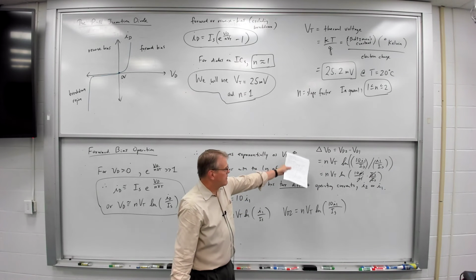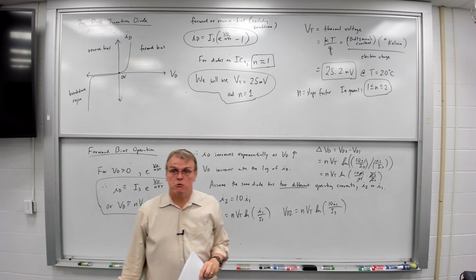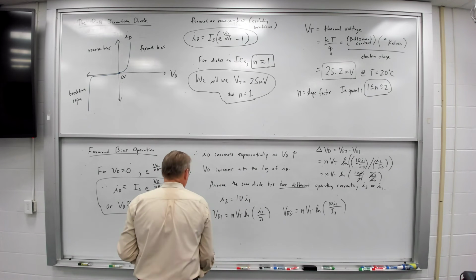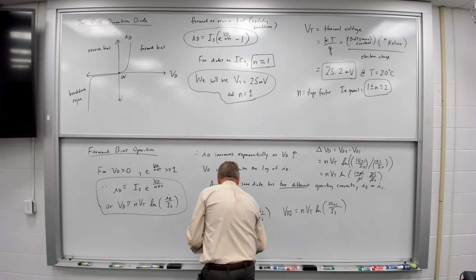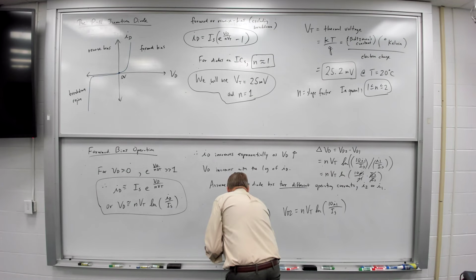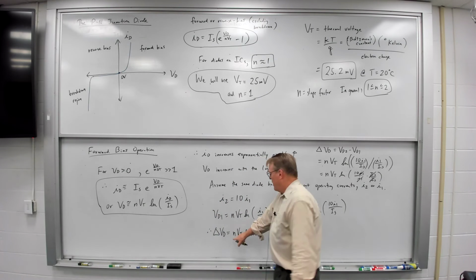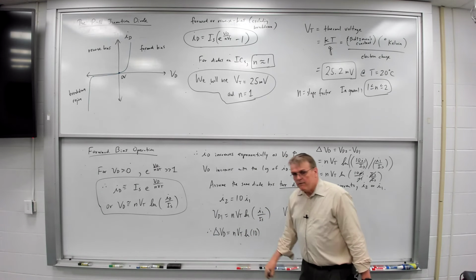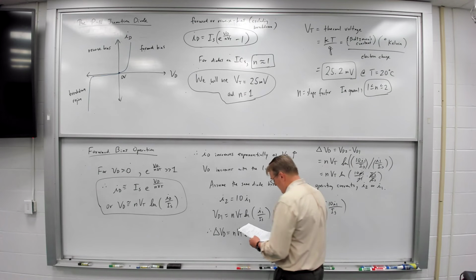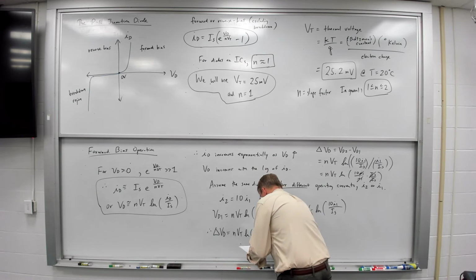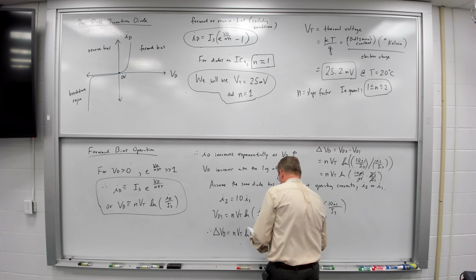What we wind up with then is delta Vd equal to N times Vt times the natural log of 10. I'm going to assume N is equal to 1 and Vt is equal to 25 millivolts. The natural log of 10 times that will be equal to 57.6 millivolts.